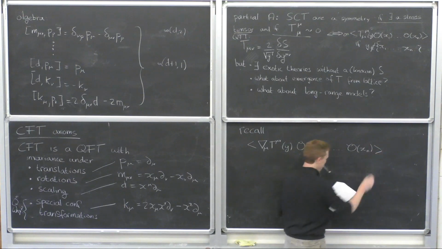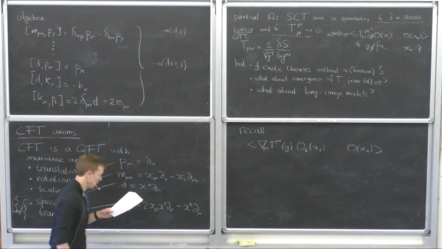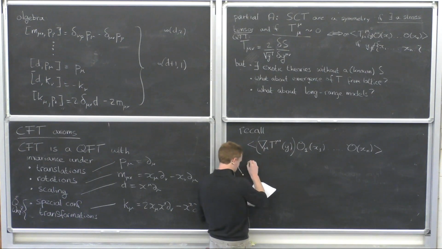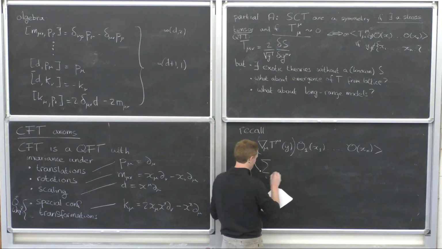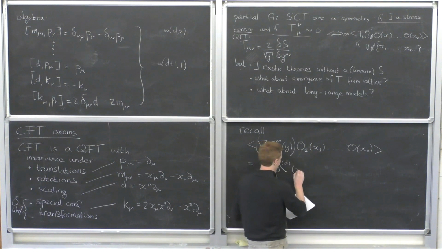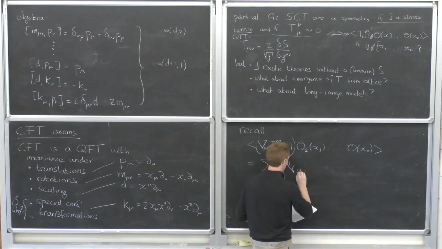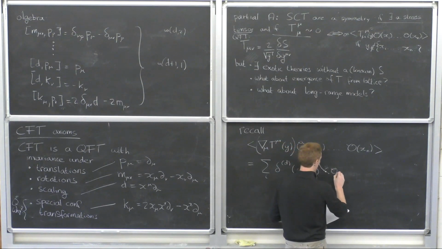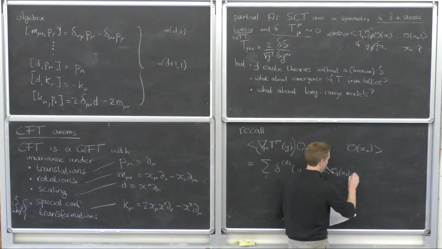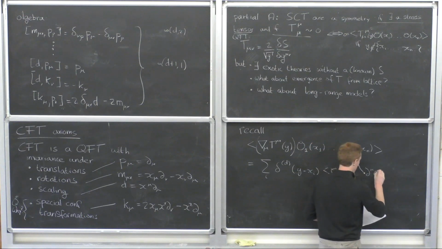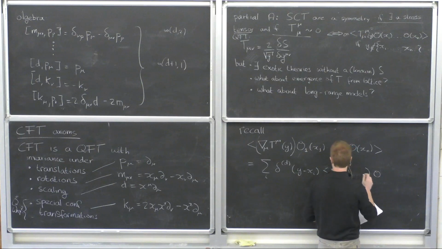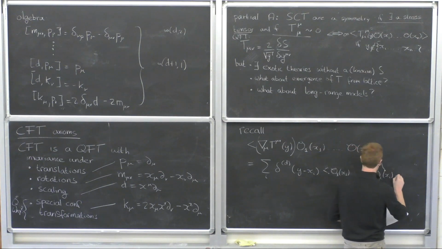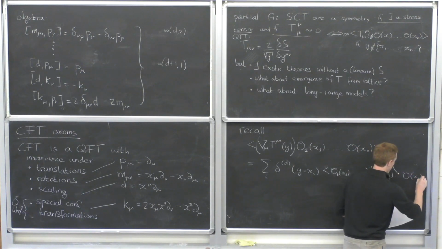But the stress tensor is supposed to implement for you, in particular, translations. So this gadget should reduce to a sum of O1 to xi, the partial derivative nu on Oi of xi.